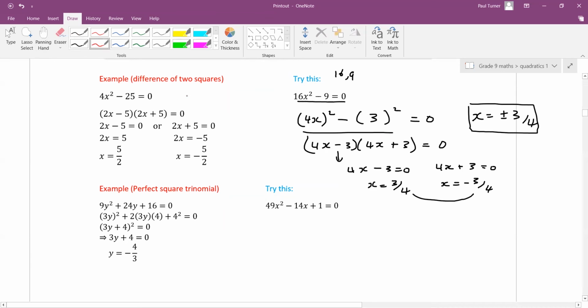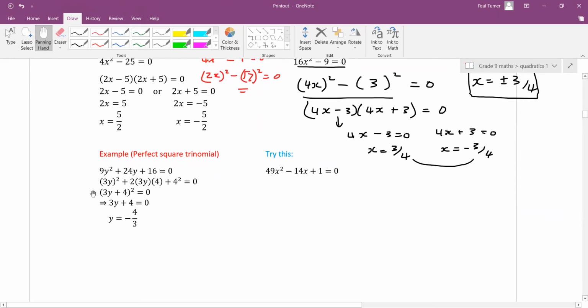If this was 4x squared minus 7, you can still do it, but that 7 has to become, let's write this one out, 2x squared minus root 7 squared. So you can do it, but that 7 has to become a root 7 squared, which is 7. So just be aware of that when they're not perfect square, because 7's not a perfect square. So that's another example there.